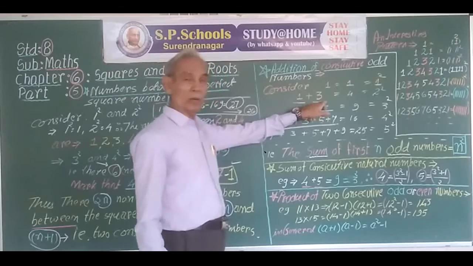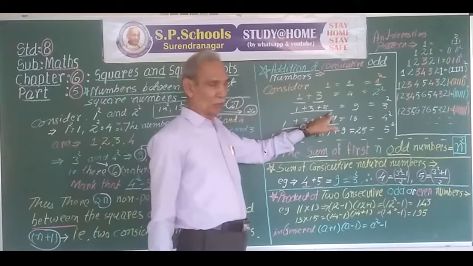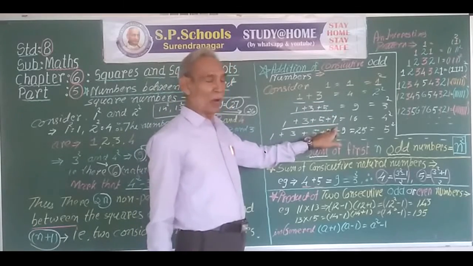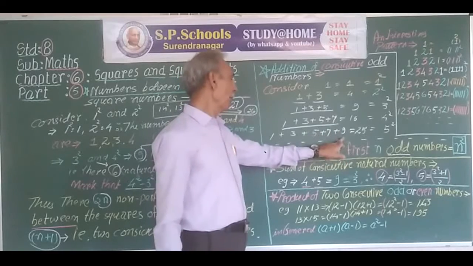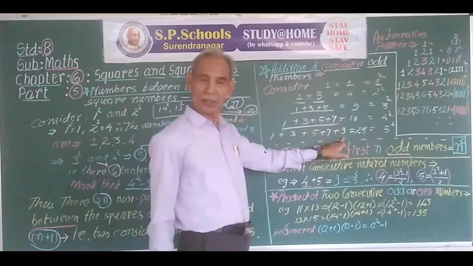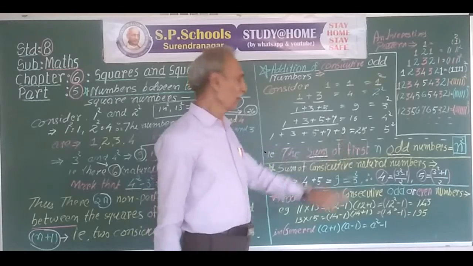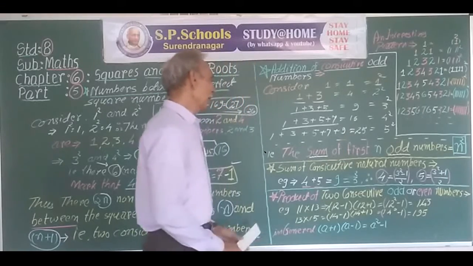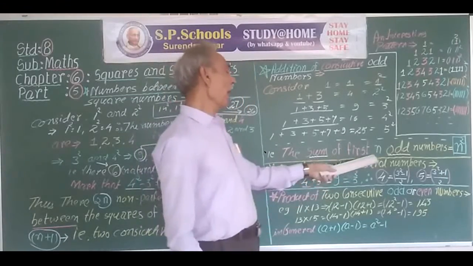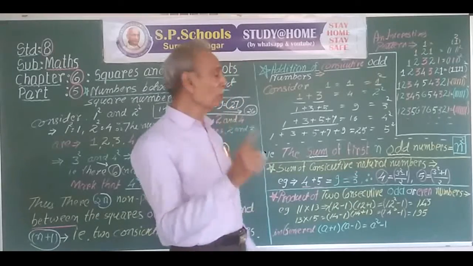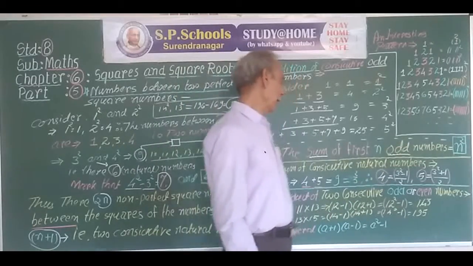Up to 3, we have 2 odd numbers. Up to 5, we have 3 odd numbers. Up to 7, we have 4 odd numbers. Up to 9, we have 5 odd numbers. Like that, the sum of the first n odd numbers will always be equal to n square.